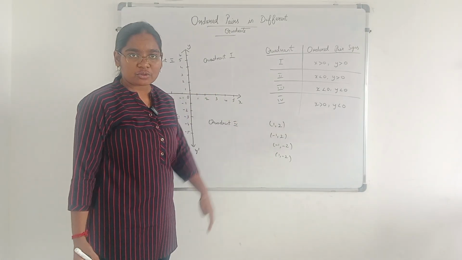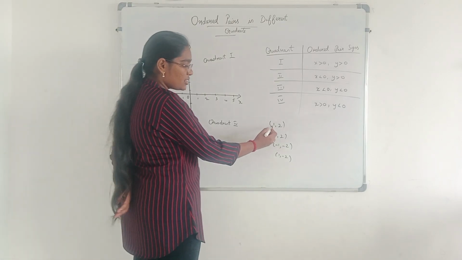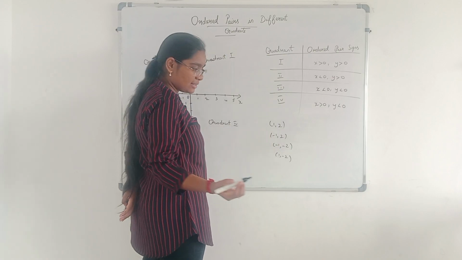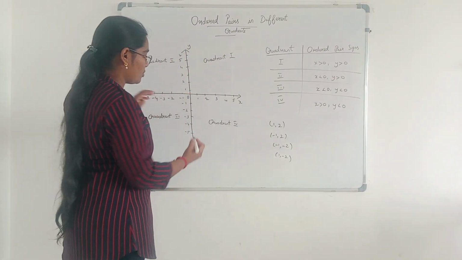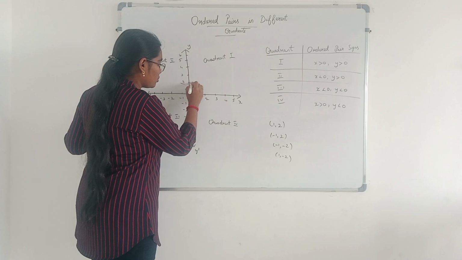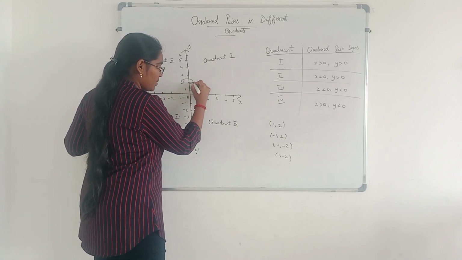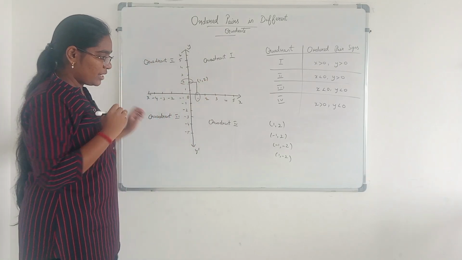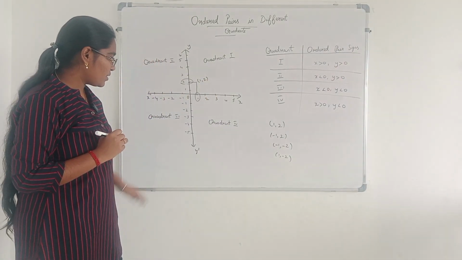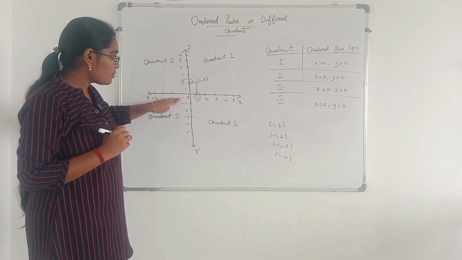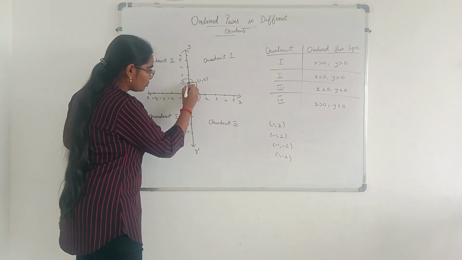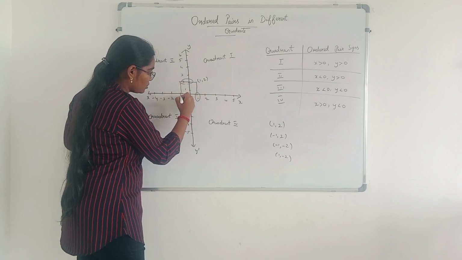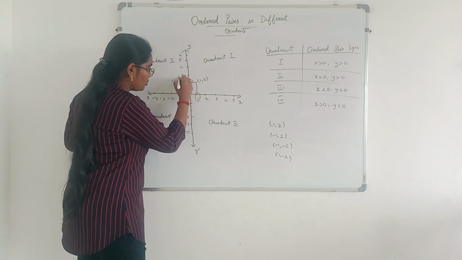First 1, 2. In 1, 2, the 1 is on the x-axis and the 2 is on the y-axis. So 1 is positive, here, and 2 here. So the point will be here, 1, 2. Next -1, 2. This -1 is here, 2 is here, so you mark the point here, -1, 2.